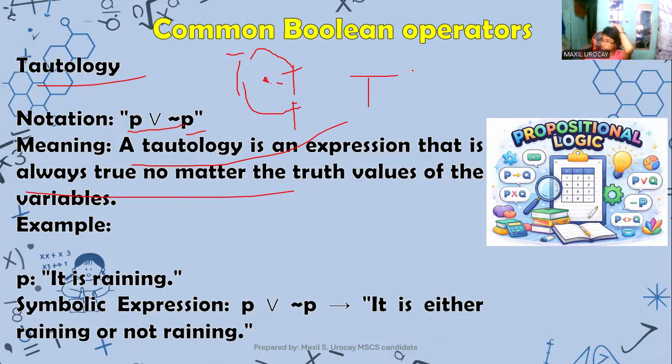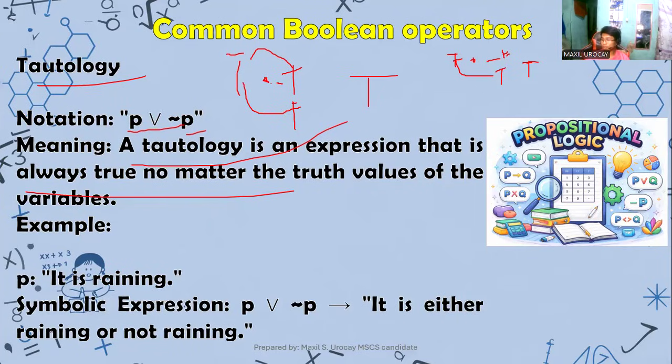That's how it works. If you're working with false, then not false is true. False plus true will still become true. That's how it works here.